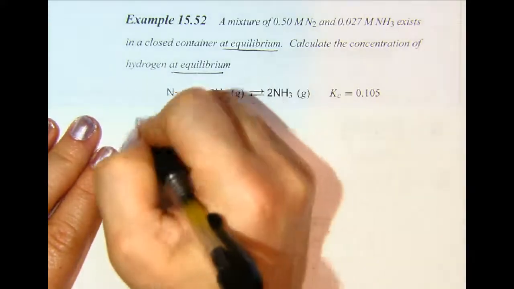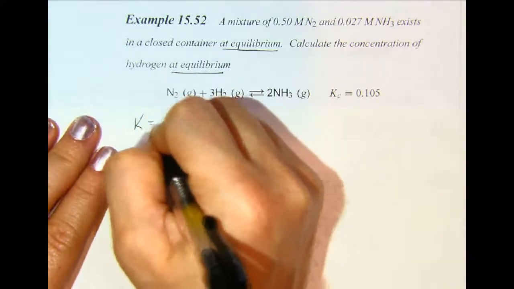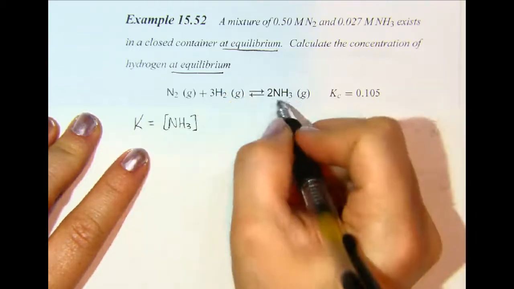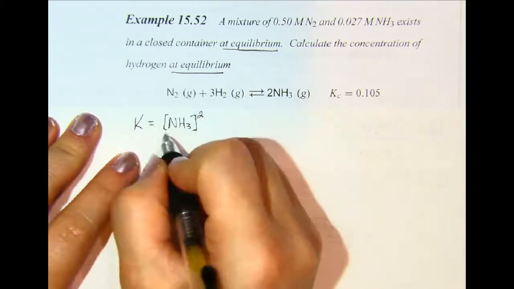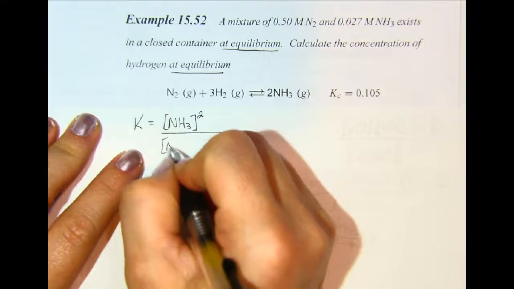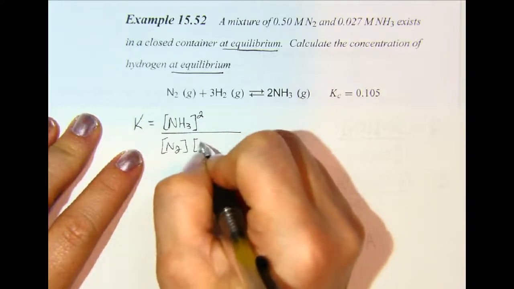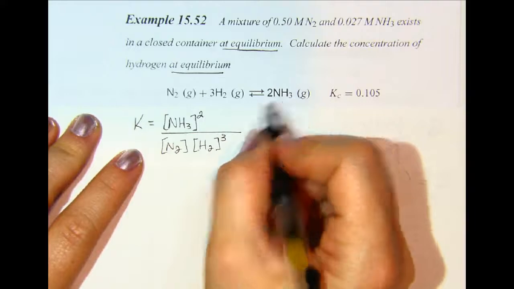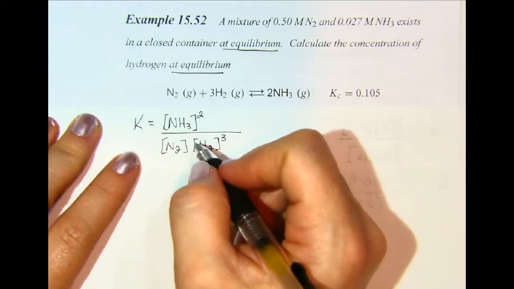So first I'll write my law of mass action. K is equal to my products, ammonia, raised to the second power, over my reactants, nitrogen times hydrogen cubed. Notice they're all gases, so they're all included in the law of mass action.